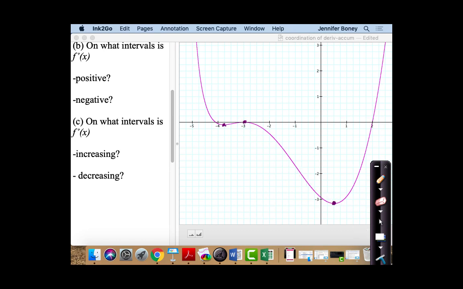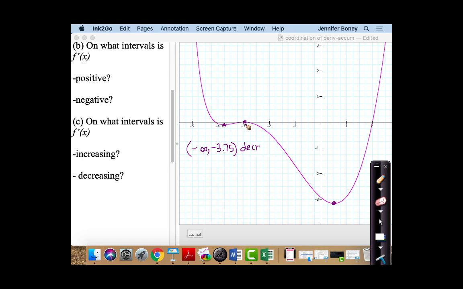Those are the boundaries between increasing and decreasing of the thing that we see. I can see from left to right that from negative infinity through, I don't know, maybe negative 3.75, this function, f prime, is decreasing.